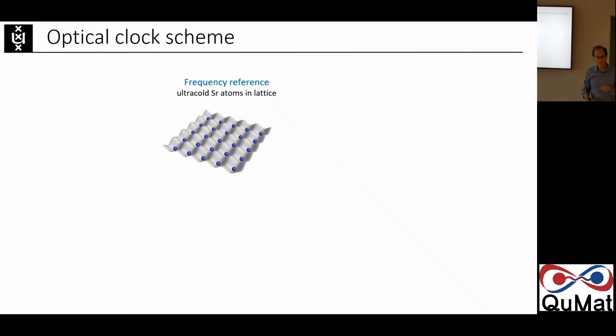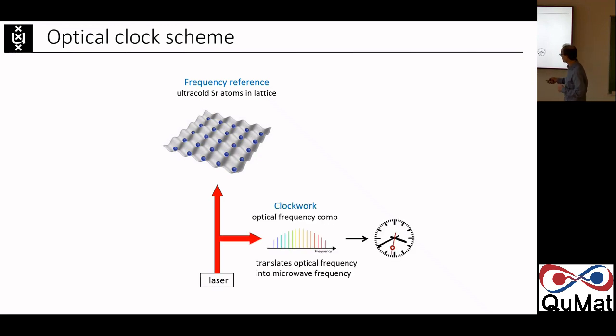So you're ready to interrogate this optical transition by shining a laser beam onto your atoms. If this laser has just the correct frequency, it will excite these atoms, and that's very easy for us to detect. But if the laser has drifted away in frequency, you excite less, and you see that, and you can then, by playing around with the frequency of the laser, determine where you have to push it back to hit the atomic transition.